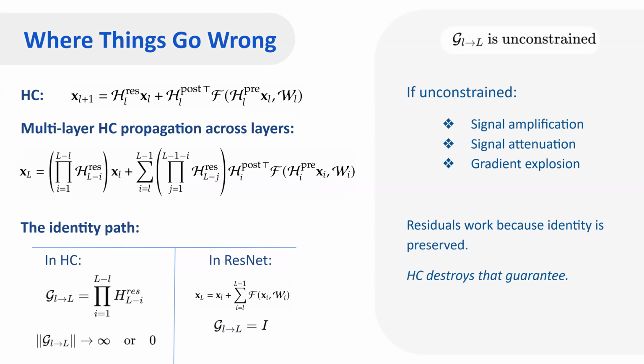And at scale, when we have a large number of layers, it could kill or really amplify the input signal. So we can say as a result that residuals work because identity is preserved, but in hyperconnections it is destroyed, because that cannot be guaranteed.